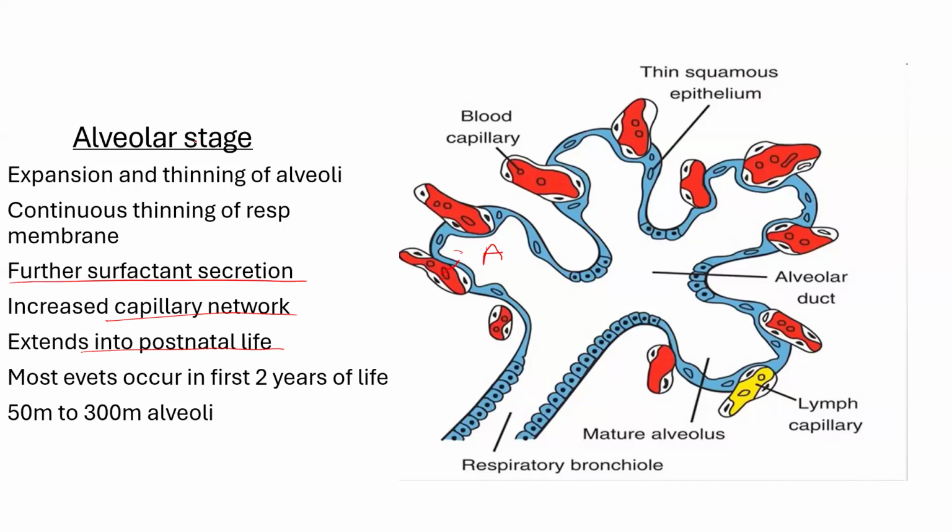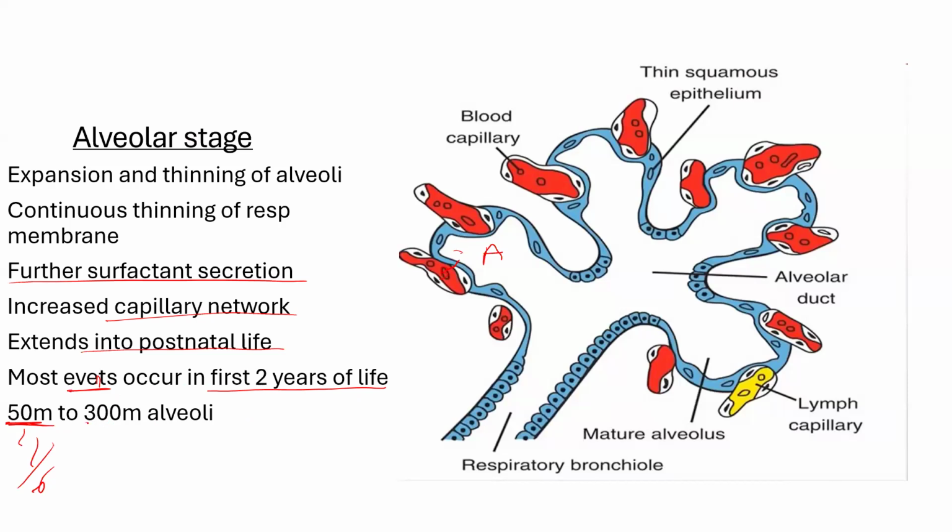This extends into postnatal life. In fact, most of the alveoli are formed in postnatal life. During birth, you usually have 50 million alveoli, but that is just a sixth of the total number. Most events occur in the first 2 years of life.